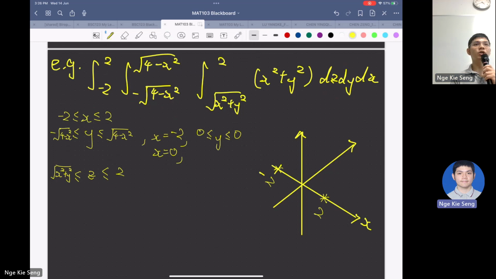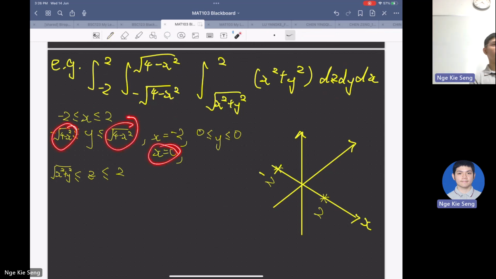Any idea? You need to substitute x equals 0 into these two bounds. When you substitute x equals 0 into these two bounds, what do you get? Your y is bounded by a function of x.